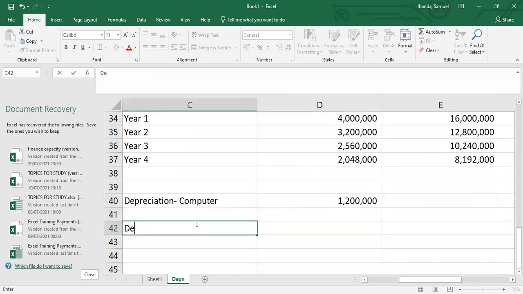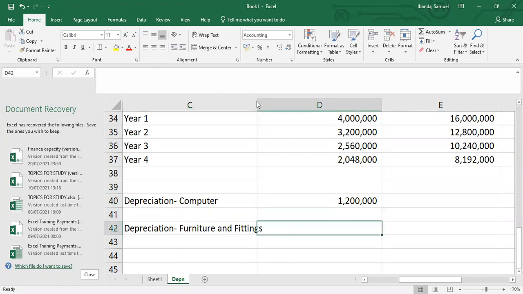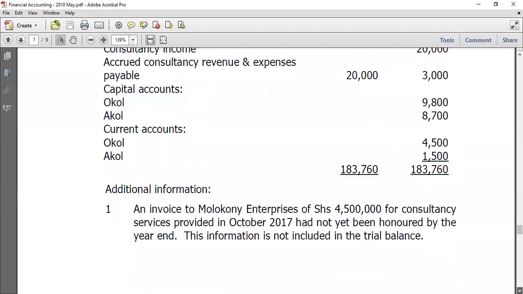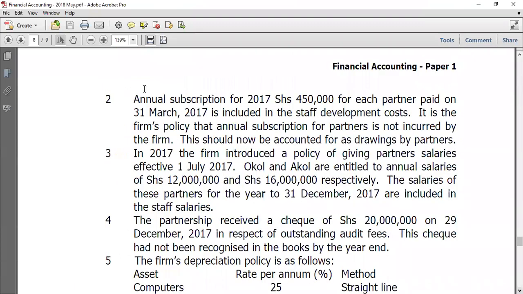Now, if I'm doing the depreciation for furniture and fittings, remember, they told me that it is at reducing balance. It's at 5%.